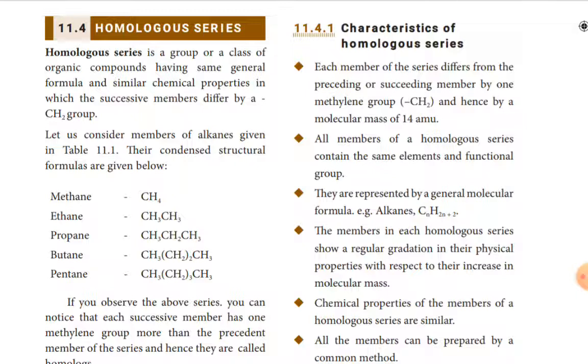So three things you have to underline, you have to know. What is a homologous series? First point, it is a group or class of organic compounds having the same general formula.